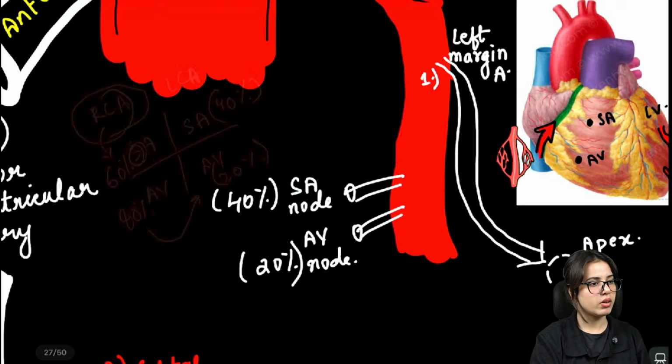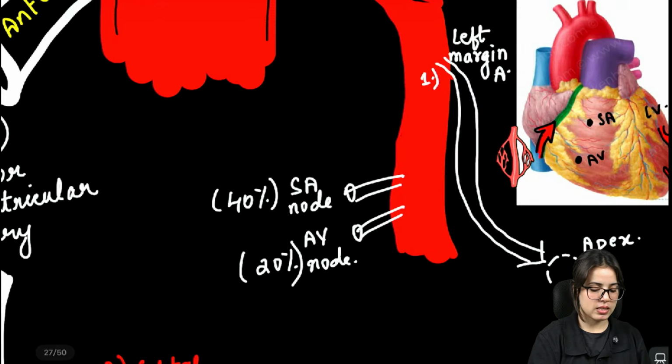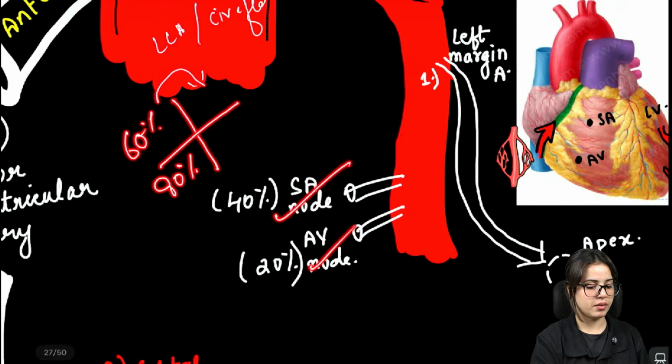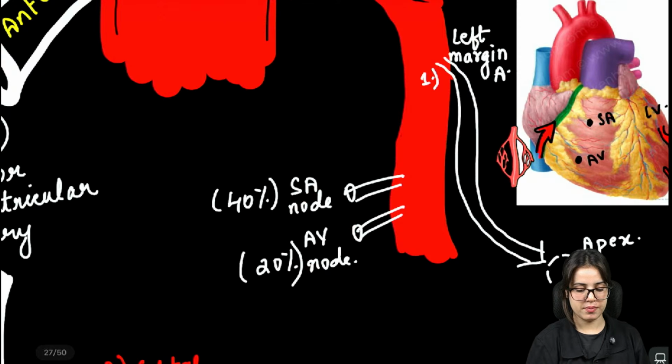Simple. If anybody asks about the SA node and AV node, make this table. If this is 60% and this is 80%, then this has to be in the LCA, or to be precise, the circumflex artery, has to be 40% and 20%. That's how it is.